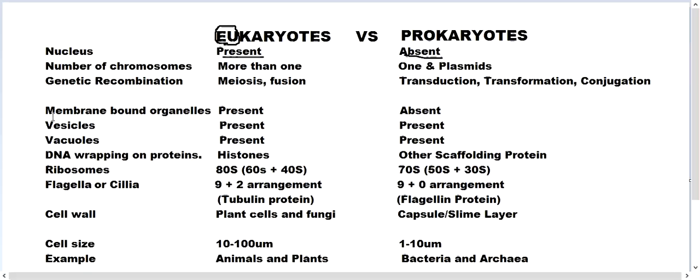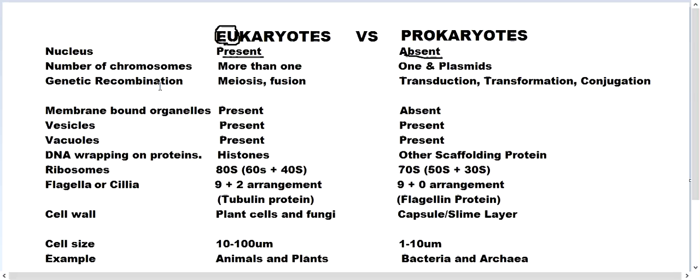Let us see the third point of difference, genetic recombination. What is genetic recombination? Genetic recombination refers to how the genetic material changes from generation to generation. If the genetic material is not getting changed, then evolution will not occur, and if evolution doesn't occur, then that species is endangered.